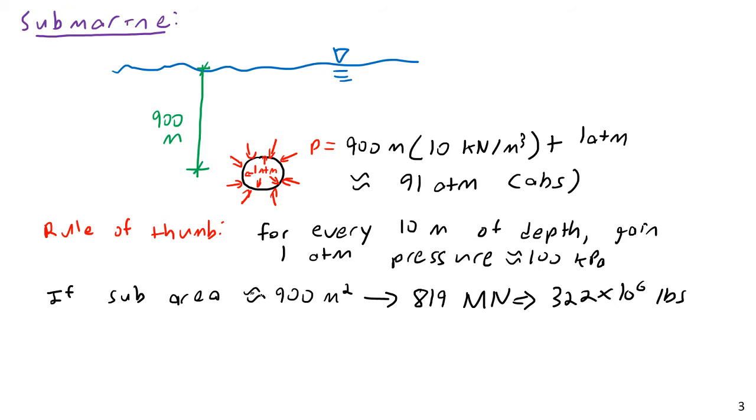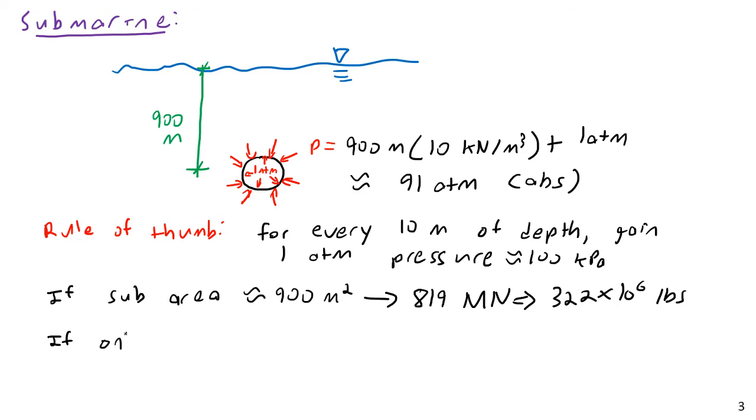Now, what if we look at gauge pressure? What about if only 1 atmosphere inside? This won't actually determine the stress in the material of the sub, the forces in the walls of the sub. The atmosphere inside will be able to resist some of that.